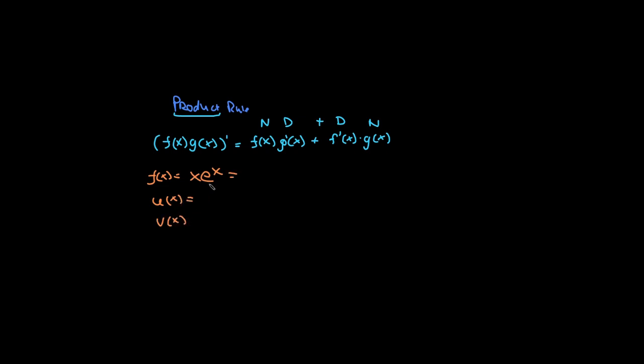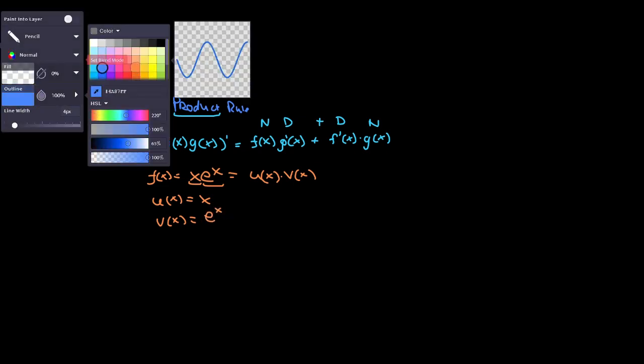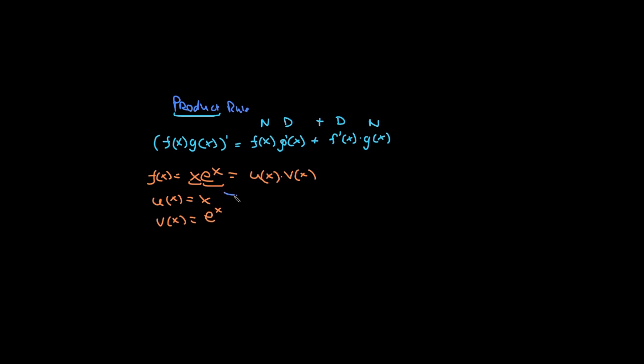Then f of x is just u of x times v of x, and that means we have to use the product rule. We'll set u of x equal to x, and v of x equal to e to the x. Now we can take their derivatives on their own.